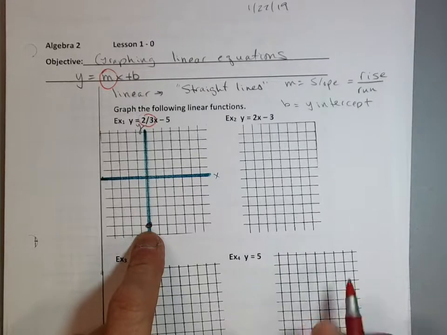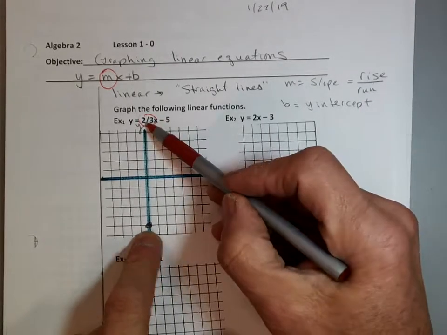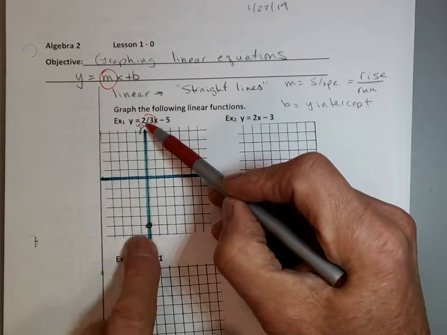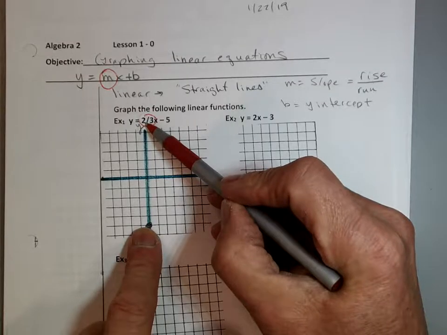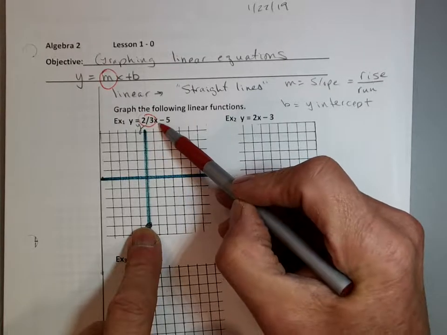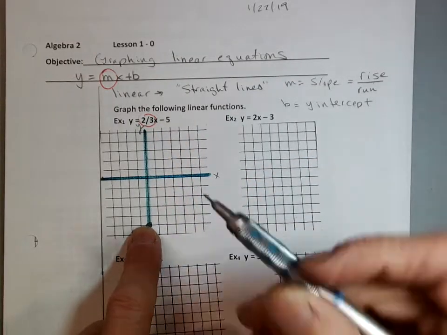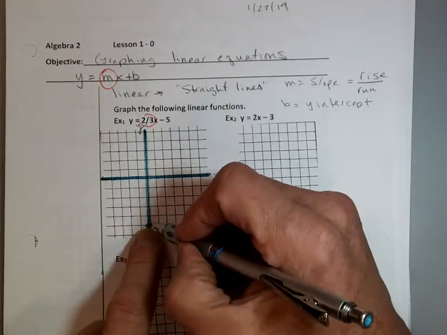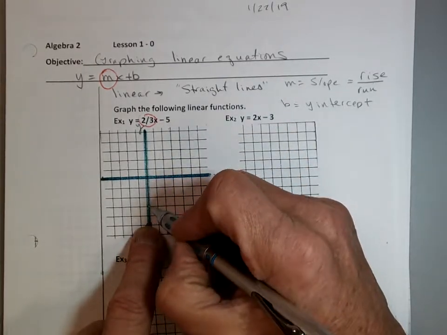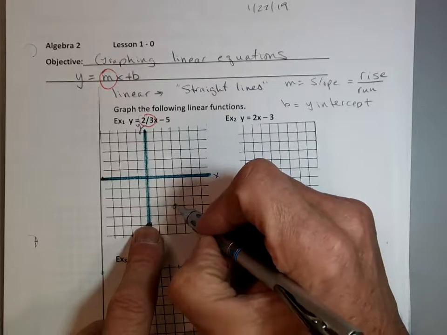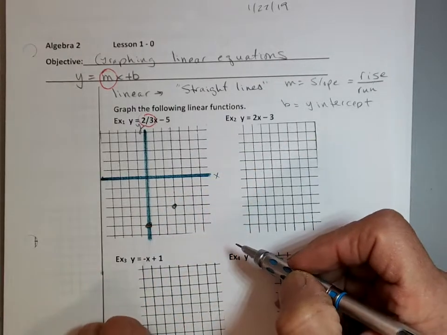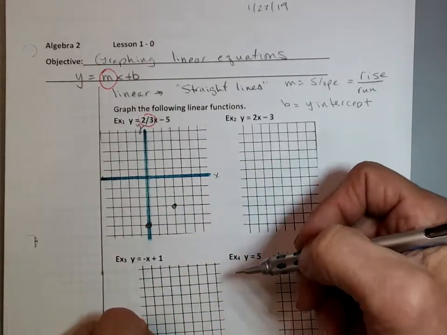So if it's rise over run, we're going to go from our starting point, and we're going to rise up 2, and then we're going to run 3. So basically, we start at -5. That's my y-intercept, and I'm going to then go up 1, 2, over 1, 2, 3, and that's my next point on the line.